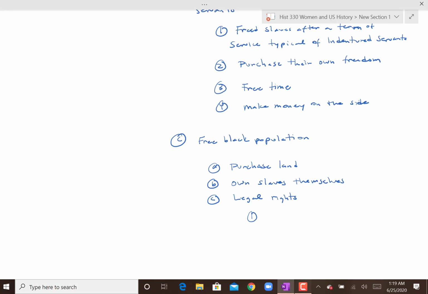And his owner, or not his owner, sorry, the neighbor stole some of his slaves. And so he went to court and sued his neighbor. So the ability to sue was a big thing. And he won in court.